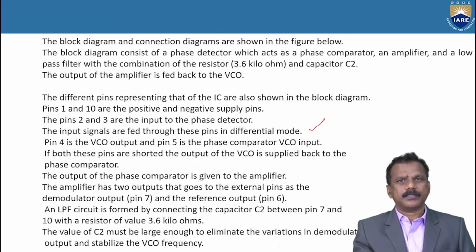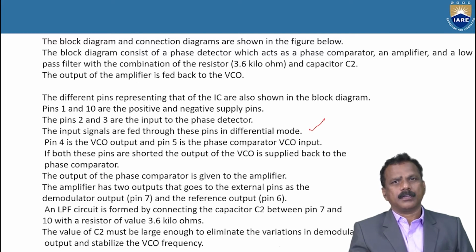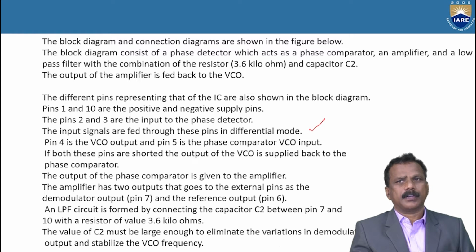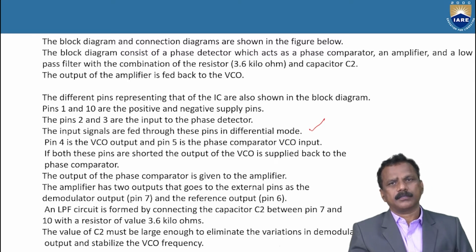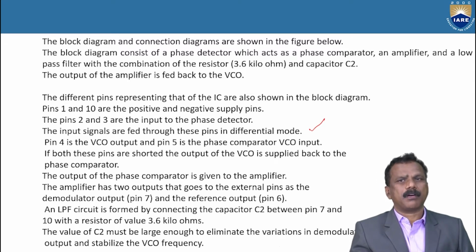The output of the phase comparator is given to the amplifier. The amplifier has 2 outputs that go to the external pins: the demodulator output, pin number 7, and the reference output, pin 6. A low pass filter circuit is formed by connecting the capacitor C2 between pin number 7 and 10 with the resistor of value 3.6 kilo ohm.